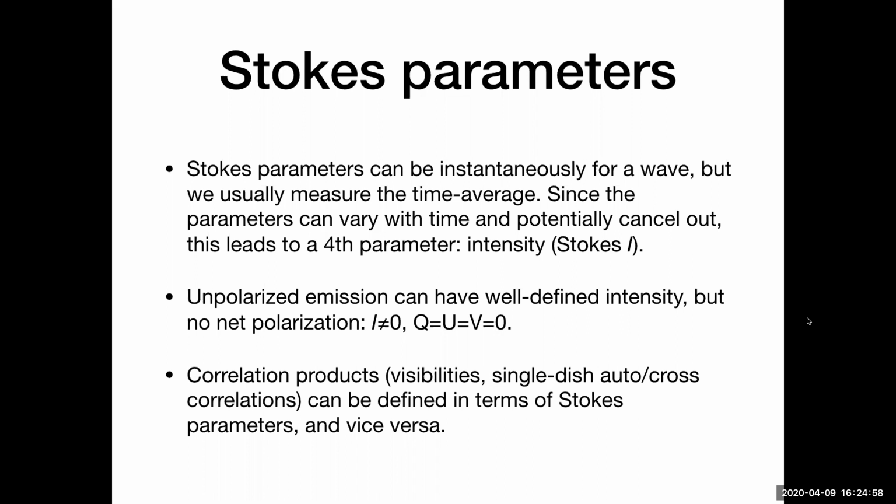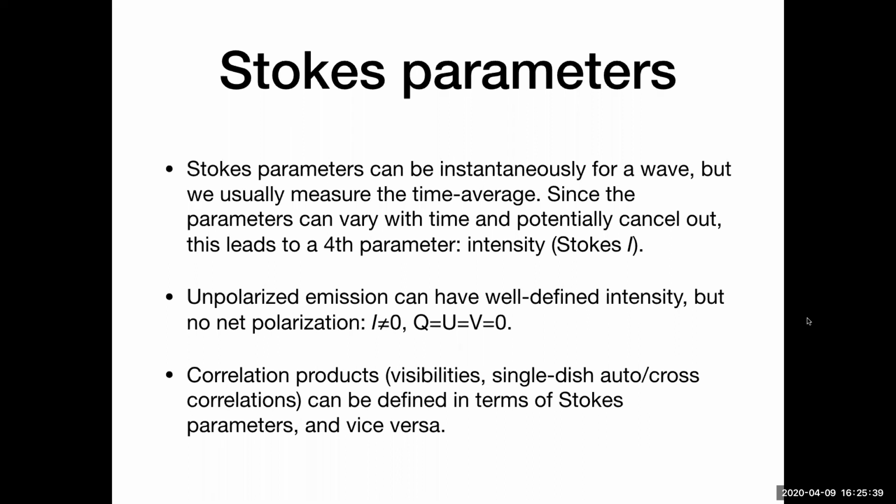To capture that, we introduce a fourth Stokes parameter, Stokes I, which is the intensity, as we've already been discussing throughout the course. You can define this as, for every instant, an intensity based on the length of your polarization vector, and you can just integrate that as a scalar quantity. So you always have some intensity, and you can add that up as a positive definite scalar to describe how much power you have, as we defined back in the first lecture.